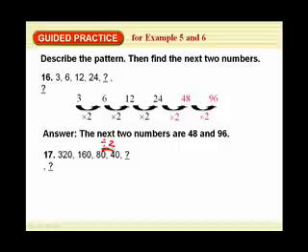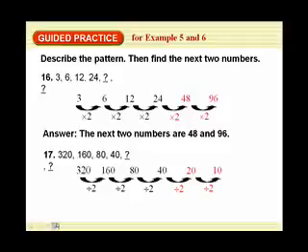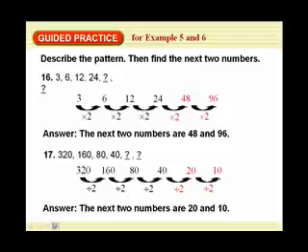So did they cut those in half, divide it by 2? Half of 160 is 80. Half of 320 is 160. So I'm going to say, yeah, half of 40 is 20, and half of 20 is 10. So let's see if they came up with the same thing. Sure enough, the answers are 20 and 10.